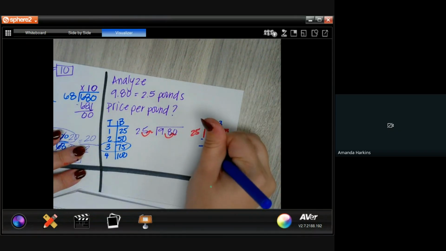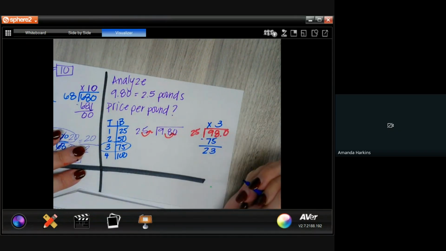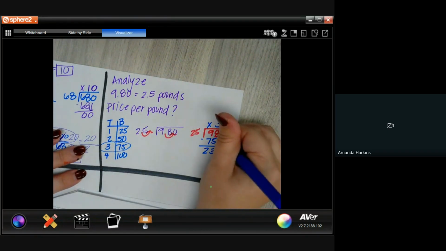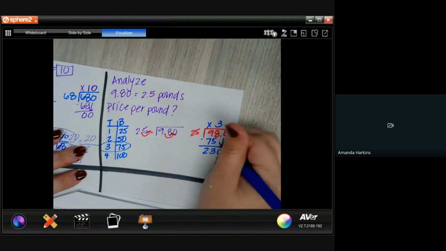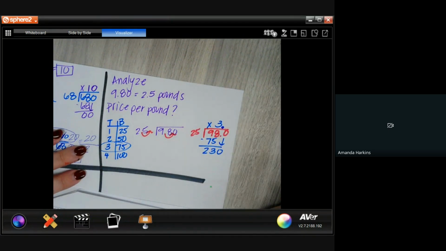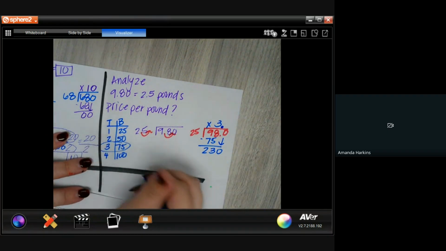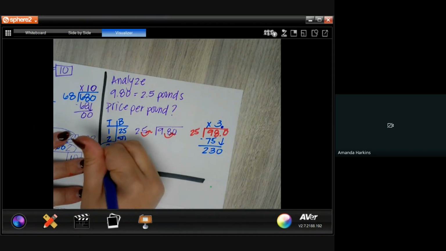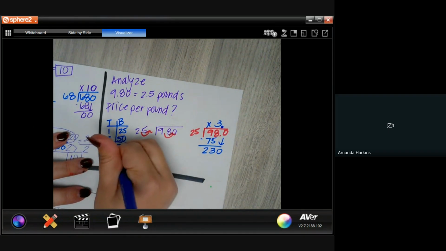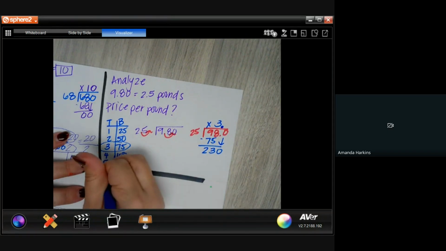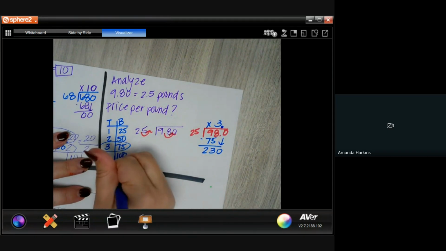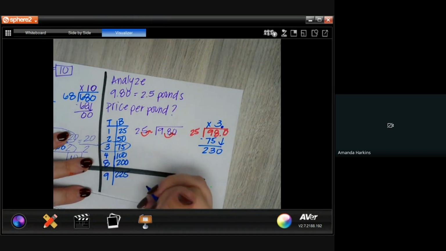Subtract. That gives me 23. Okay. So I'm going to bring down my 0, bring up my decimal. Okay. 25 can go into 230. Let's see. 8 of them, 8 25s would be $2.00. 9 of them would be $2.25, right?